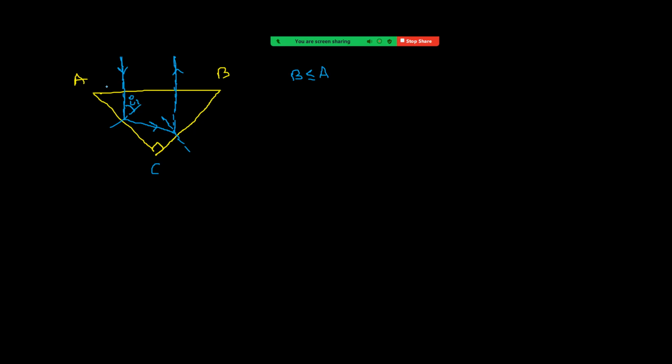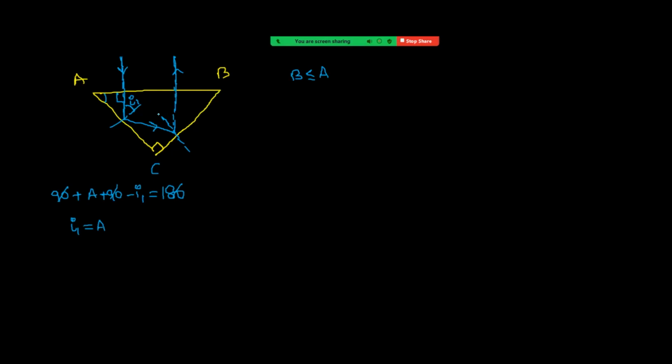Then see what we can say. This is I1, remaining is 90 minus I1. Now this angle is given as A. This is 90 minus I1 plus 90 minus I1 equal to 180, so sum of the angles in a triangle equal to 180. From this we can say I1 equal to A.